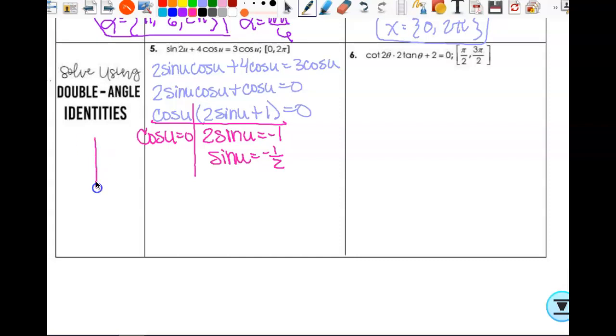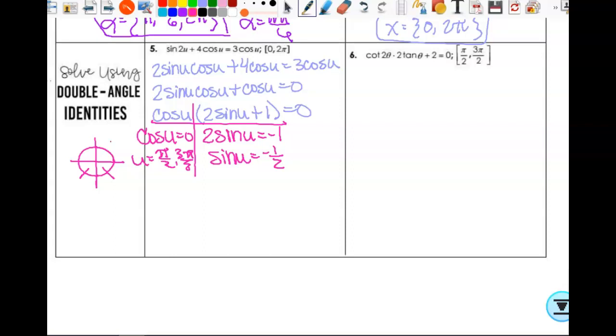In this case, I'm going from 0 to 2 pi. That's the whole circle. So when is cosine 0? Pi halves and 3 pi halves. Very good. So u is at pi halves and 3 pi halves. And then sine is negative in the third and fourth quadrants. What reference angle gives you a sine value of 1/2?